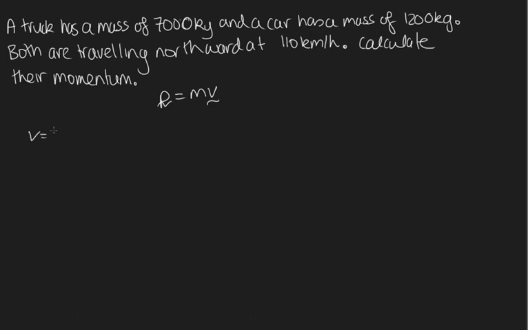So the velocity is equal to 110 kilometers per hour, which is equal to 110 times 1,000 meters per hour. Then to convert it into seconds, we divide by 60 times 60, and that gives us 30.56 meters per second.